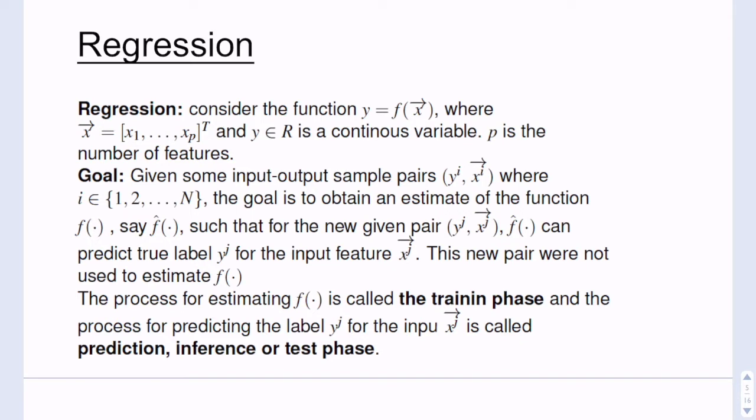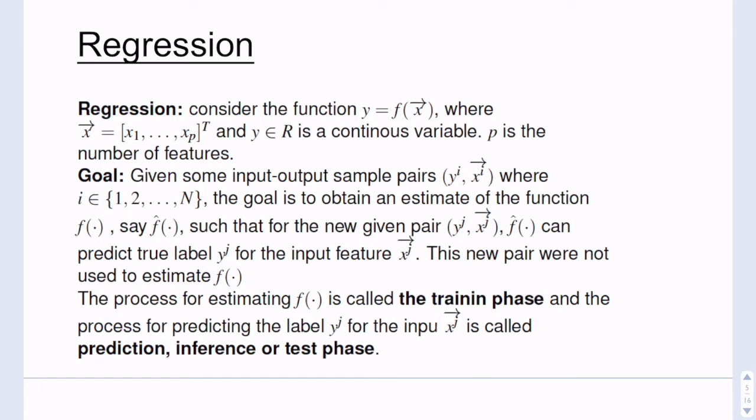This is the main difference between a regression model and a classifier. Classifier output comes from a set of categorical data, some limited labels, but the output of a regression model could be any real number, a continuous value.